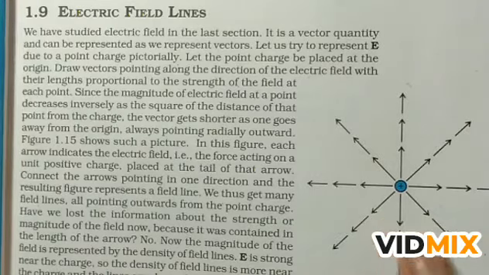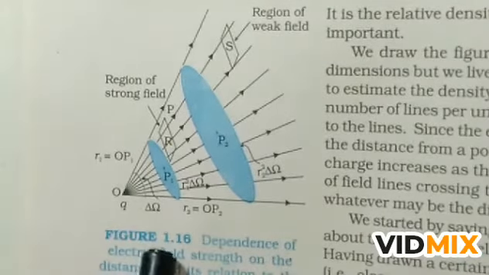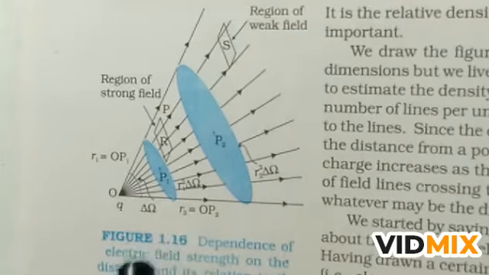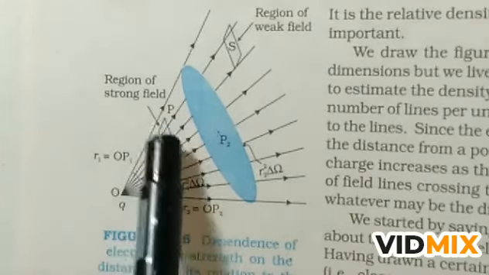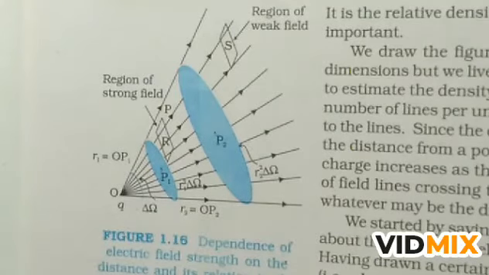Now we can draw many more lines, but the number of lines is not what is important. What is important to find the intensity or the magnitude of electric field? Let us see the diagram. Here, if you see this figure 1.6, this is part of a sphere, because the point charge has electric field in 3 dimensions all around, and we had discussed in the previous video that it has spherical symmetry.